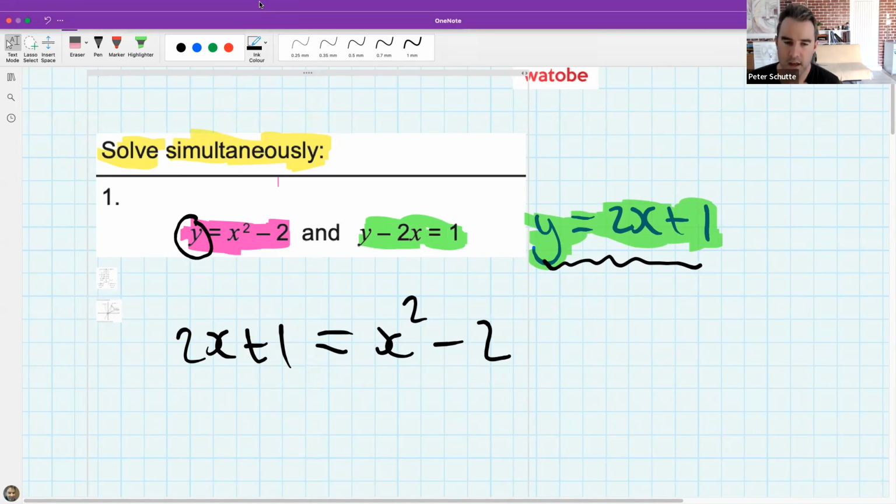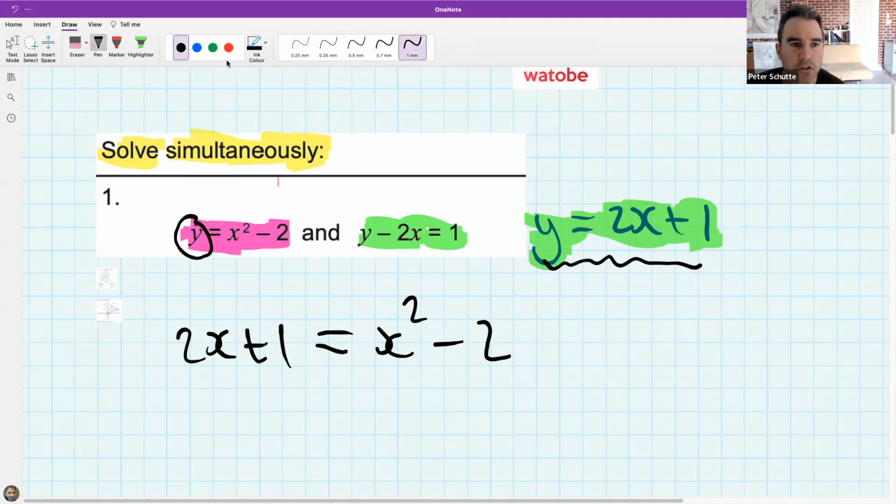Okay. So good question, Juliet. If you look at the beginning, there's a y in the green one and there's a y in the pink one. And what I did was I chose to work with the green one because it's a linear equation, it looks the simplest. So I chose to make the y stand by itself by moving the minus 2x across.